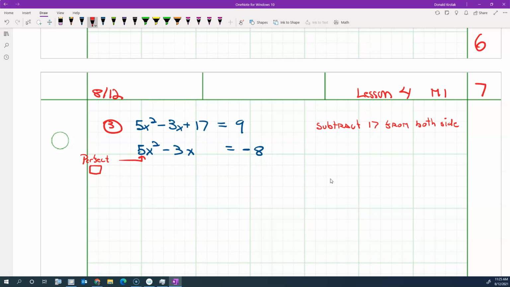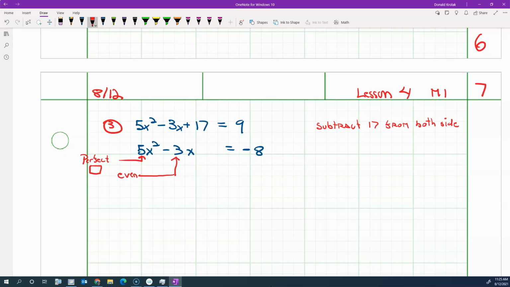And then you ask yourself, is this even? And the answer to both of those is no. All right, so now you got to do a little bit of strategizing. You gotta employ some strategery.